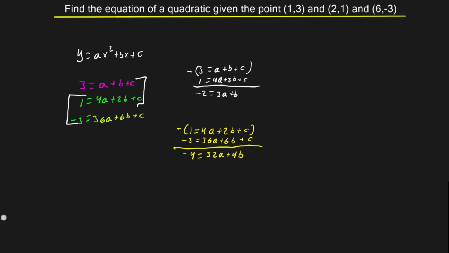And now we're going to use our answers and put them together so that we get this new system of equations, which is -2 is equal to 3a plus b, and -4 is equal to 32a plus 4b.